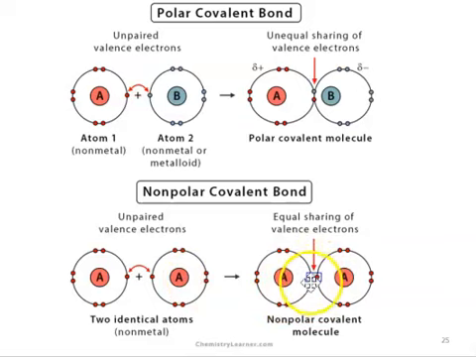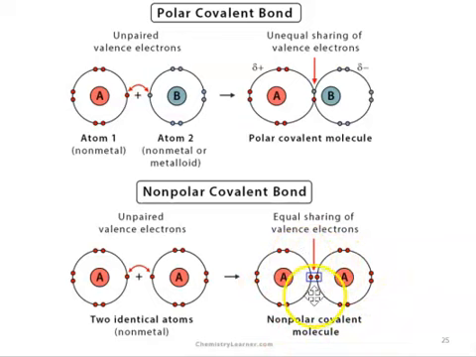They're sharing one pair of electrons. Since both atoms are identical, they're pulling on these electrons with the same, or matching, electronegativities. These electrons, I think I said atoms a minute ago, but I meant electrons, are going to tend to be at an equal distance from this nucleus to this nucleus. That's a nonpolar bond, making this in total a nonpolar covalent molecule.